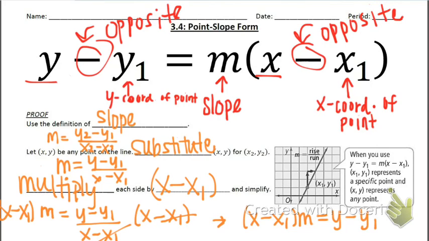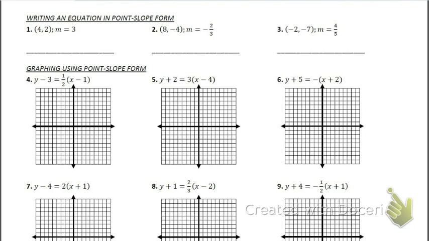Now I'm going to show you how easy it is to actually utilize point-slope form. So let's look at the first example. I am going to give you a point and a slope, and you just have to write the equation that goes through that point with that slope. So on number 1, I give you the point 4, 2, and the slope is 3.